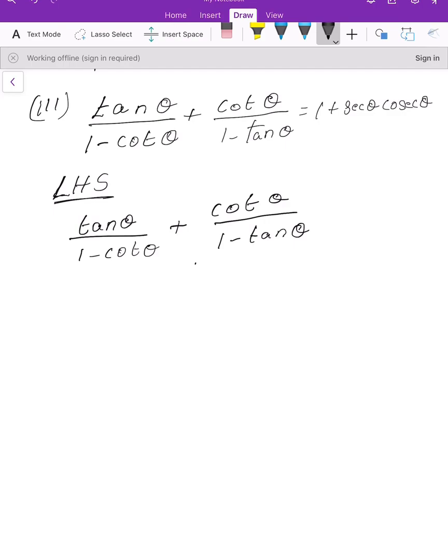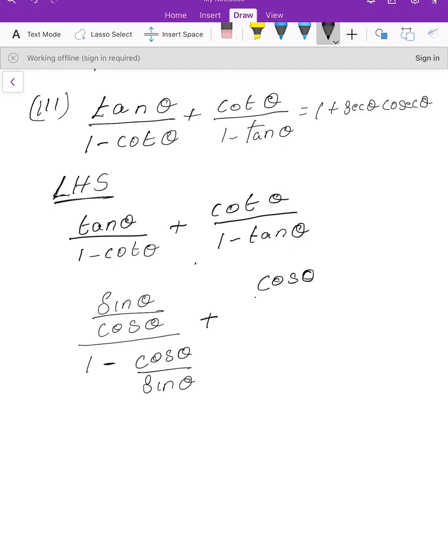My tan theta is sine theta by cos theta, divided by 1 minus cot theta, which is cos theta by sin theta. Similarly here, plus cot theta is cos theta by sin theta, over 1 minus tan theta, which is sin theta by cos theta.